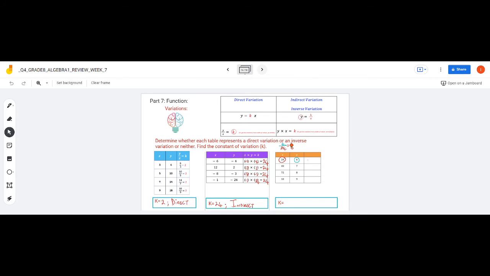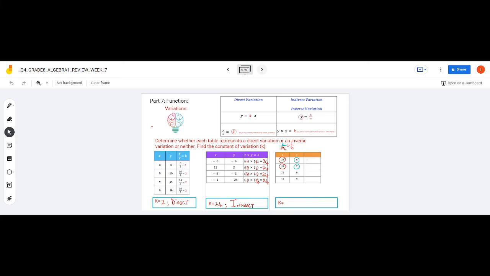So if I divide 7 by 49, I should also get 1/6. If I don't get the same answer, then it's not direct. Then we move on to indirect. Okay, so let's check that.